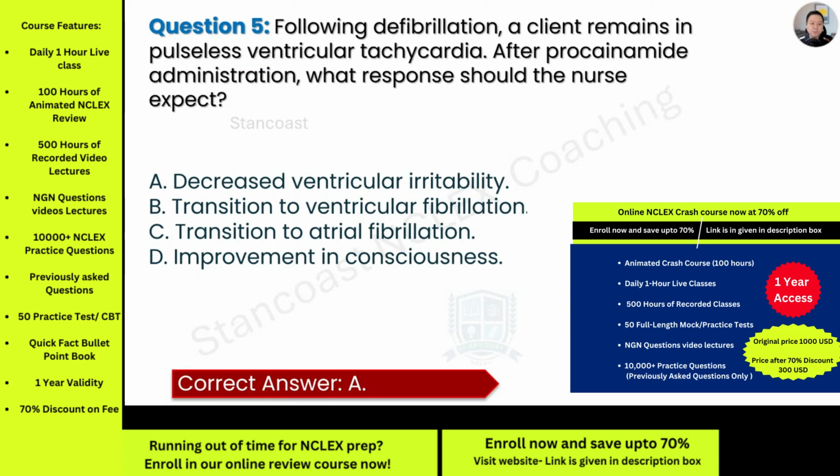This is a drug that belongs to the class 1A antiarrhythmic drugs known for blocking sodium channels in the heart. So what it does, it will slow down electrical conduction. It will prolong the action potential. It can also increase the refractory period, helping to stabilize the abnormal heart rhythm.